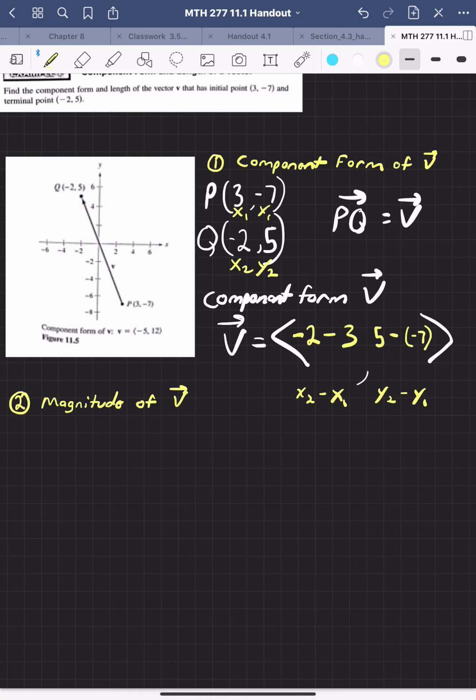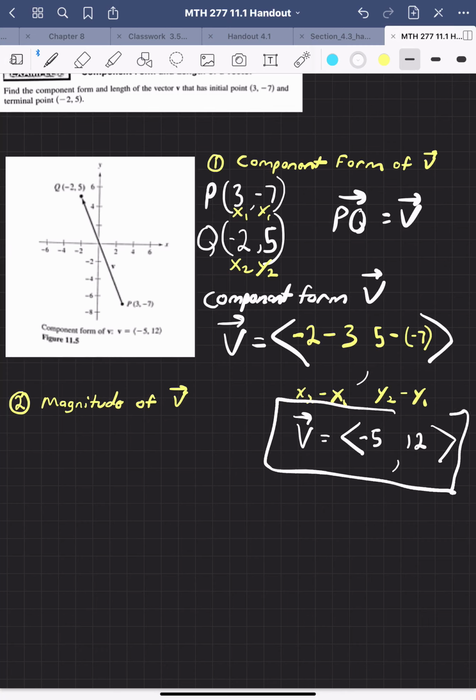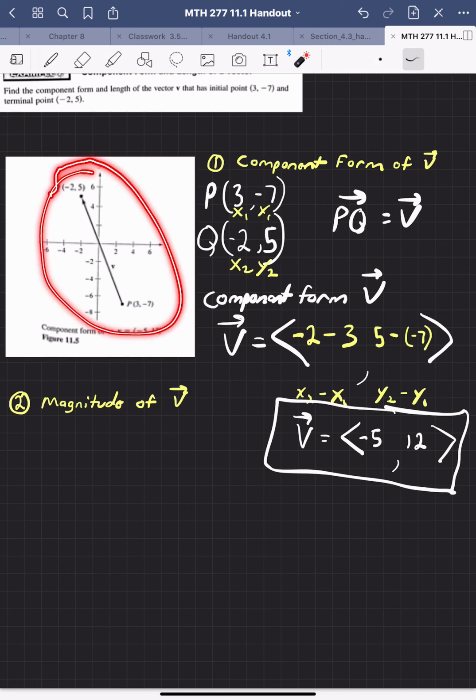So the result: -2 minus 3 is -5, and 5 plus 7 is 12. There's the component form of v. If you wanted to draw this with the initial point at the origin, here you go.